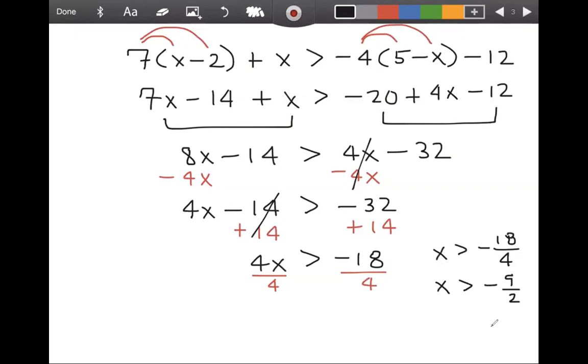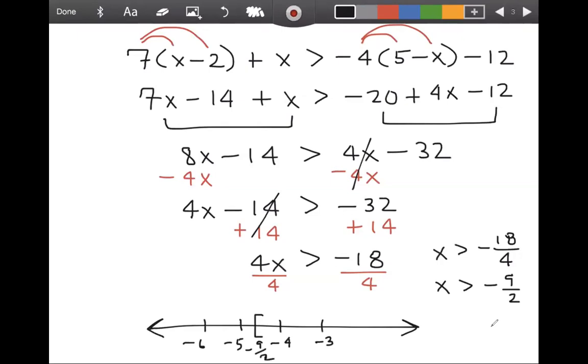And I think they wanted a graph in this one also. Okay, so just notice that negative 9 halves is the same thing as saying negative 4.5. So if I go say negative 6, negative 5, negative 4, negative 3, negative 9 halves would be right in the middle of negative 5 and negative 4. Oh, squeeze that in there.